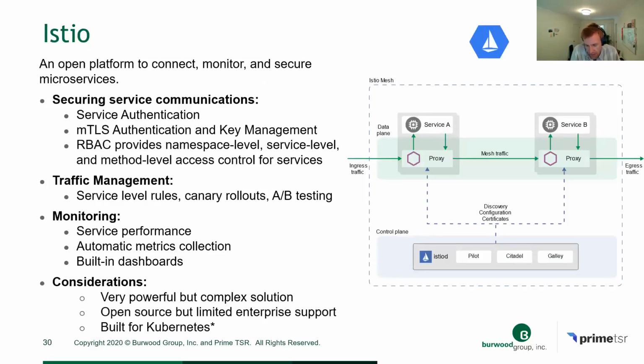I think it was primarily founded and built by IBM and Google, probably other contributors along the way too. Istio provides a lot of the benefits that we talked about here. Additionally, it provides RBAC-level access control for namespaces, services, and methods as well. All those great benefits around traffic management.